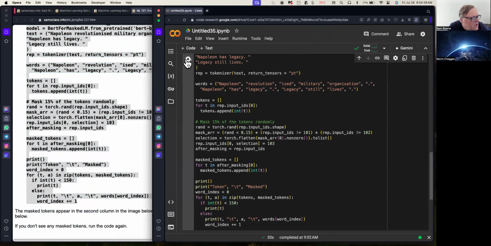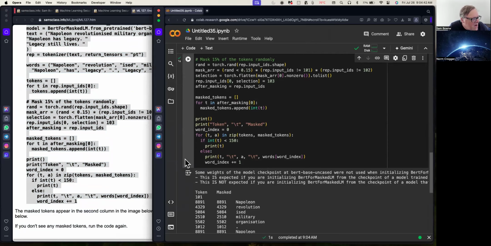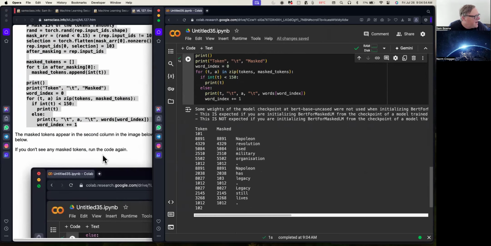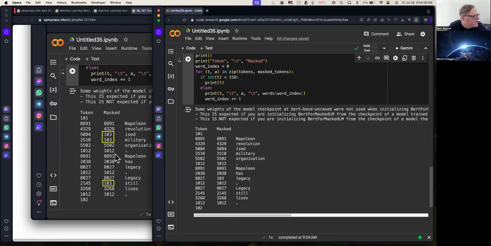And this is how it learns to understand the context of words. If you don't see any masked tokens, which I should see, and here's one. Speak now. It masked the word legacy based on there. And so you see this was replaced by 103.